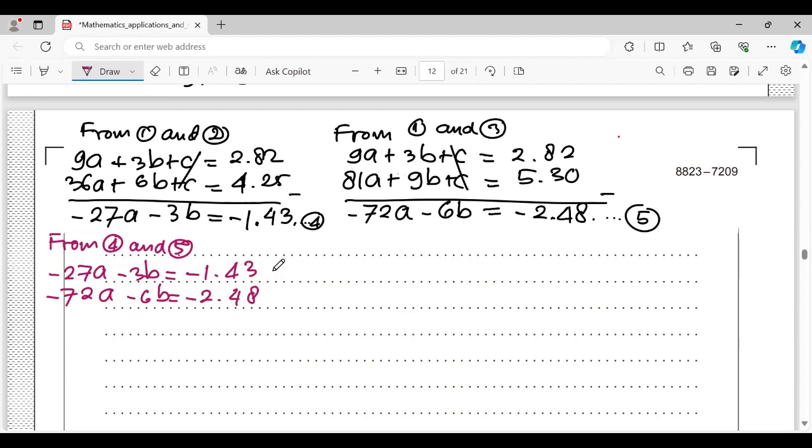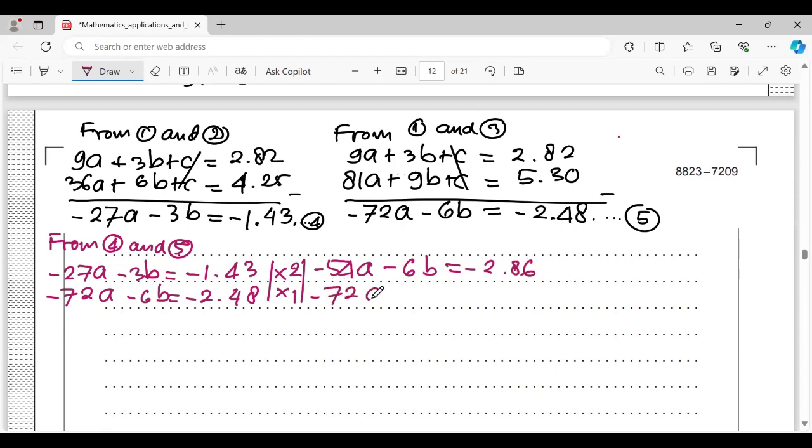I'm going to eliminate b, so I will multiply equation 4 by 2. So it becomes minus 54a minus 6b equals minus 2.86.